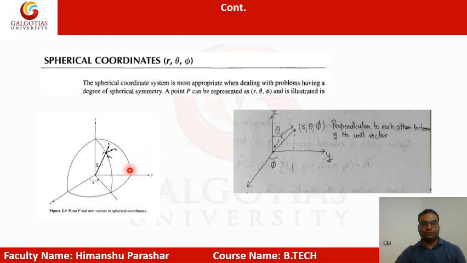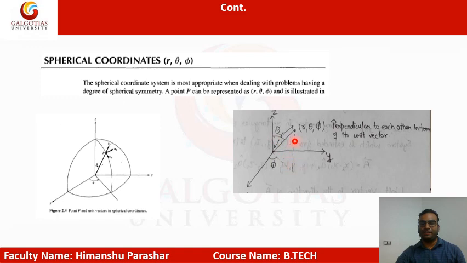I also show you the 3D figure of this spherical coordinate system, and I refer you to my handwritten note figure, like this is the x direction, this is the y direction, this is the z direction. So r is just the radius of a point, or the distance from the origin to the point. We refer to it as r, and theta is nothing but the angle made by the z axis with r, like this.